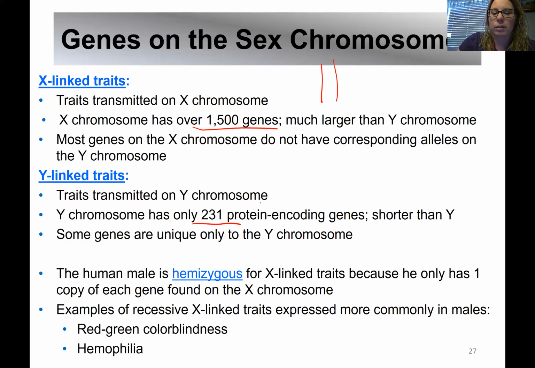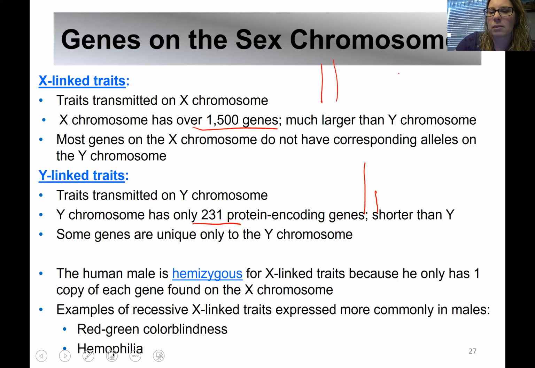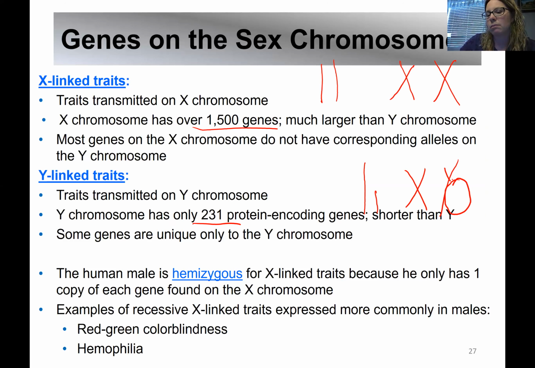The Y chromosome is very short compared to the X. This looks like an upside down Y. Here we have X, Y, and this whole region of the Y chromosome is missing there. So the X chromosome has many more genes on it than the Y.